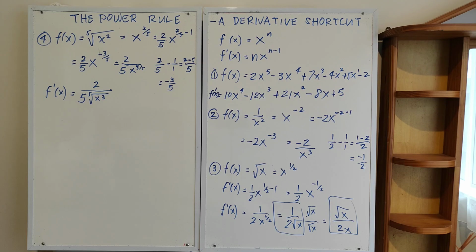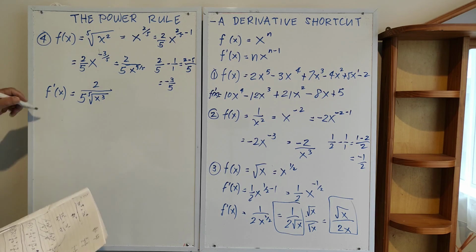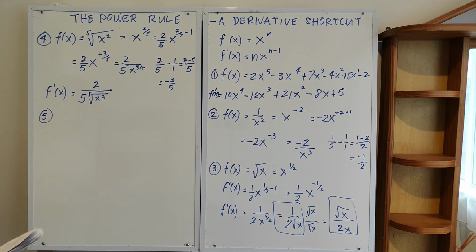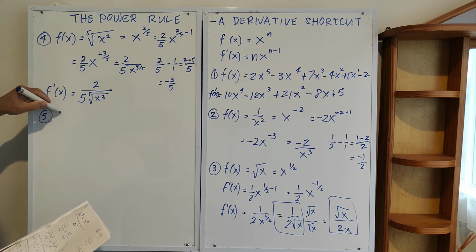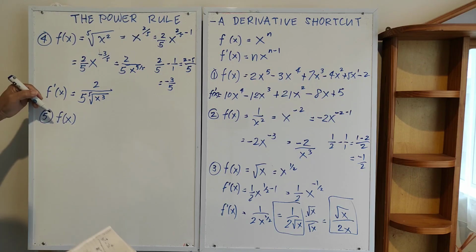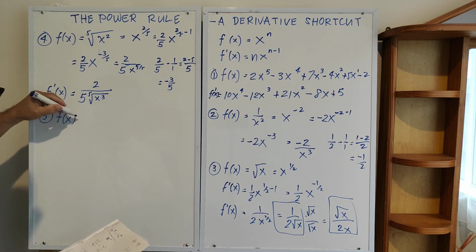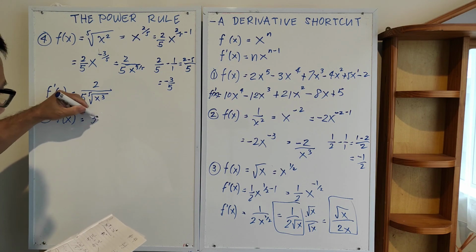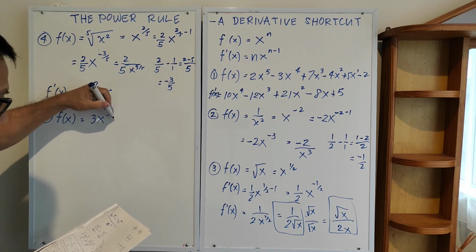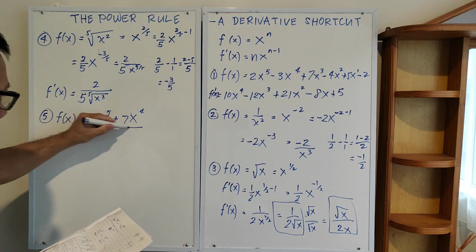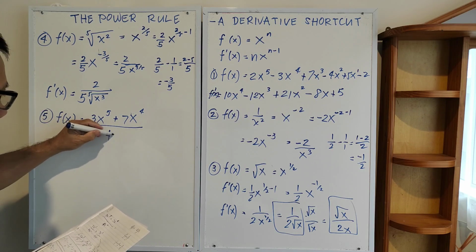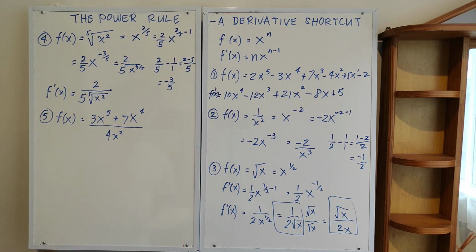Last number. So example number 5. If you have the function of x equal to 3x to the 5th plus 7x to the 4th over 4x squared.